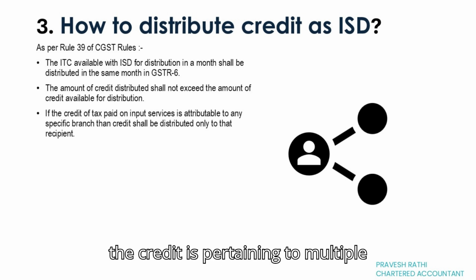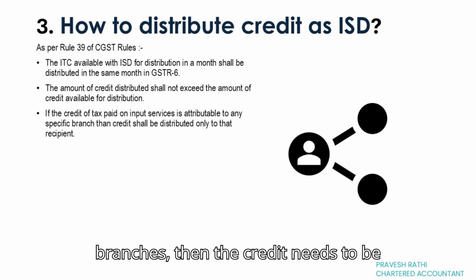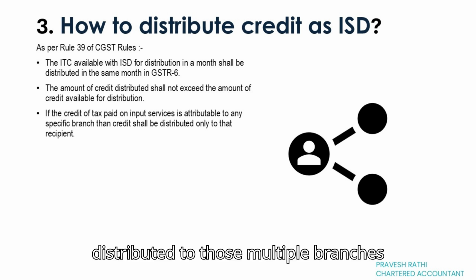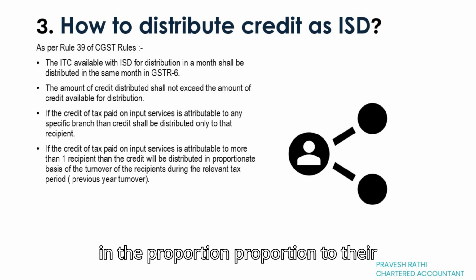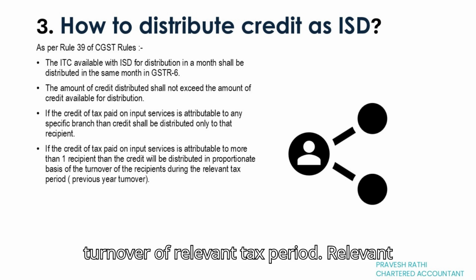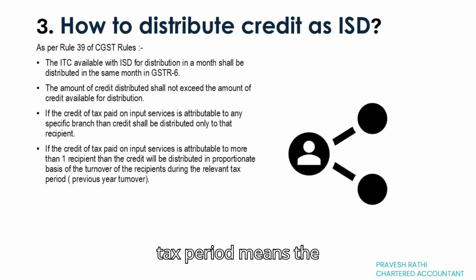But if the credit is pertaining to multiple branches, then the credit needs to be distributed to those multiple branches in proportion to their turnover of the relevant tax period. Relevant tax period means the turnover of the previous financial year.